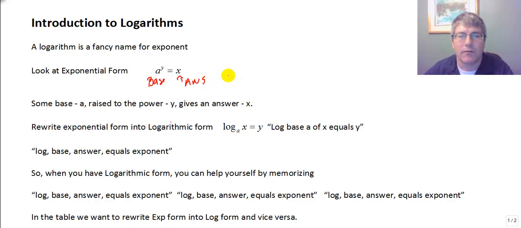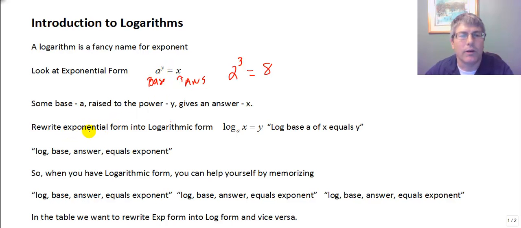For example, we could have 2 raised to the third power equals 8. So our answer is 8, our base is 2, and our exponent is 3. So some base A raised to a power y gives an answer x. That's what we're looking at here.